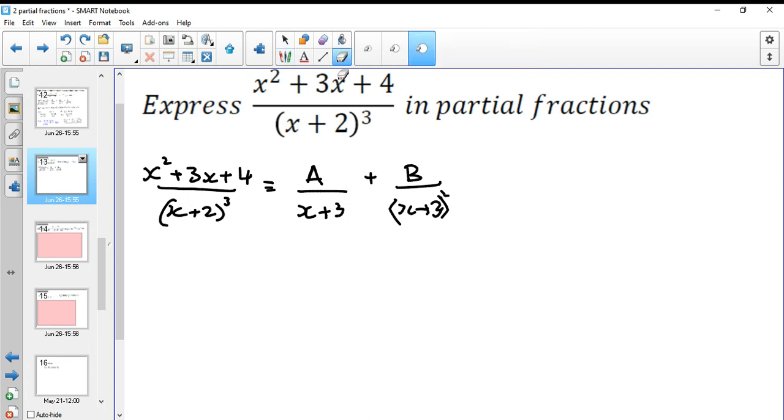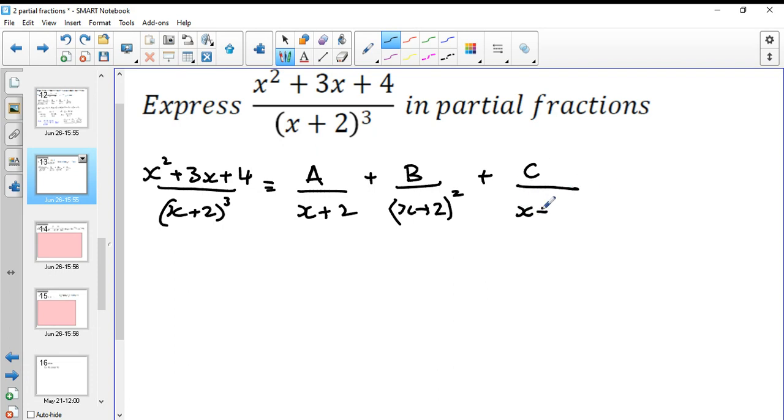Sorry, it is supposed to be 2. My hand wanted to do 2, but my mouth said 3. And then we need a c over x plus 2 cubed, because that is a factor of that. So each of these denominators is a factor of that lowest common denominator there.